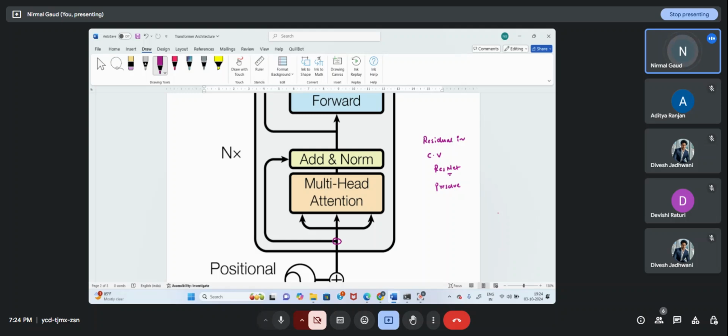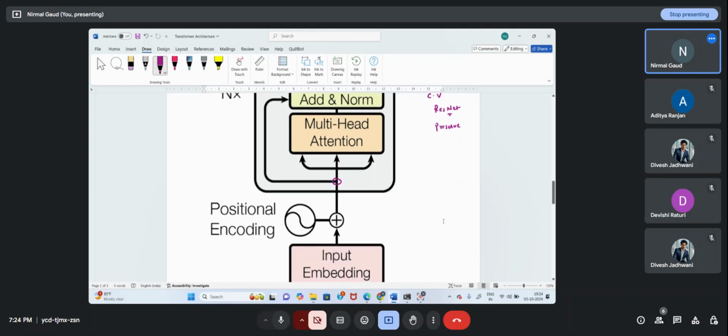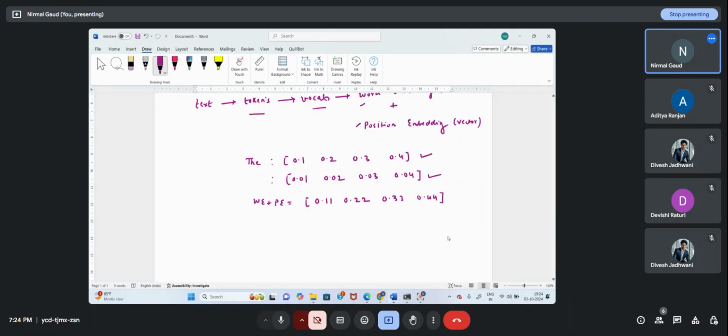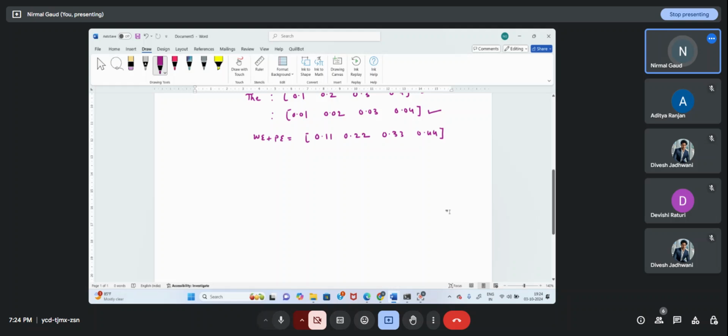Okay, so this is your residual connection. Fine. So what will happen? You do have so many tokens. Every token embedding will be done.